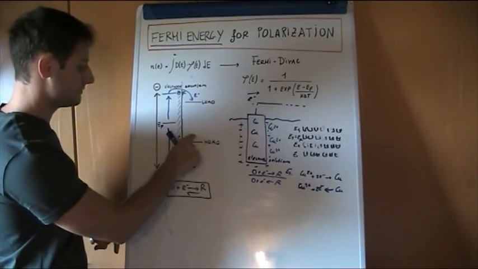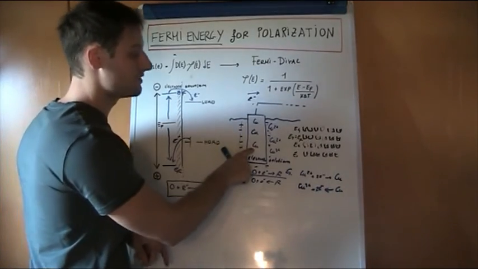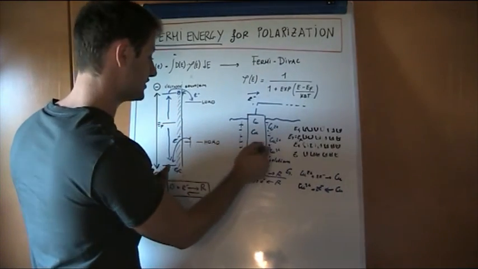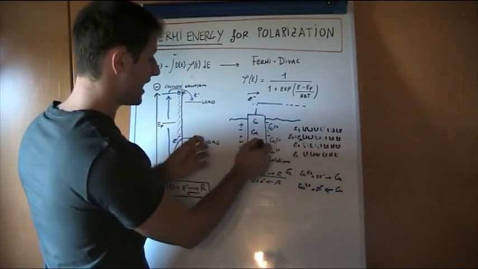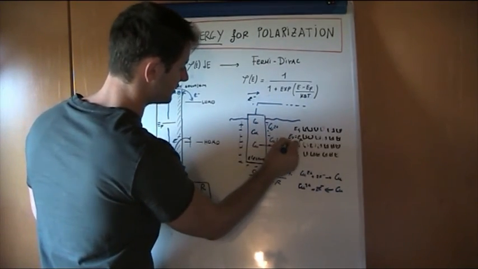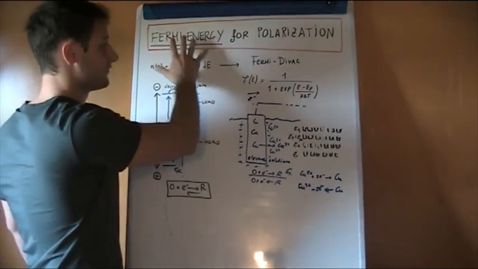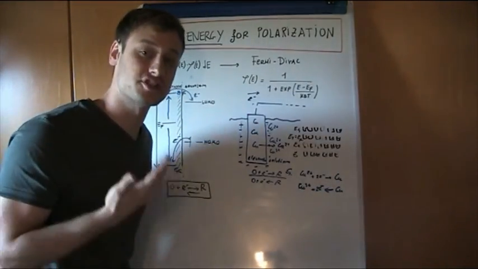And so the elimination of one electron from here, and the oxidation of metallic copper, for instance. These electrons leaving from here promote the formation of an oxidized species. And this is the link between the Fermi energy and polarization in electrochemistry.